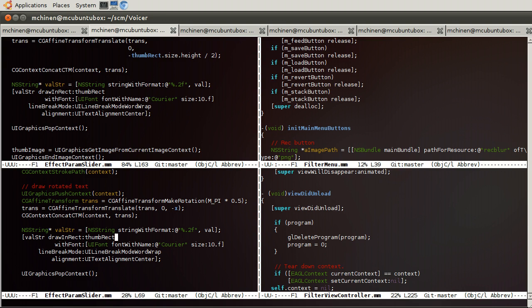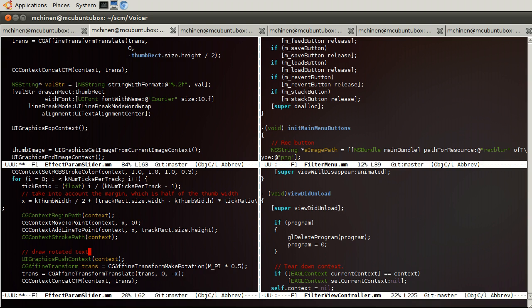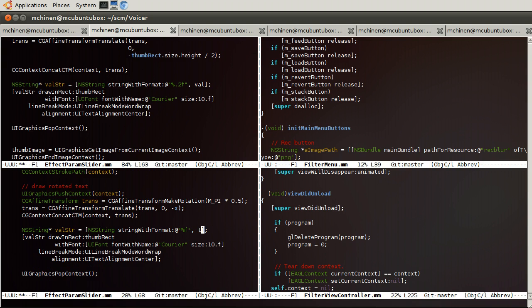And the value we want, the text we want, is actually, to start off, let's just draw the tick ratio.